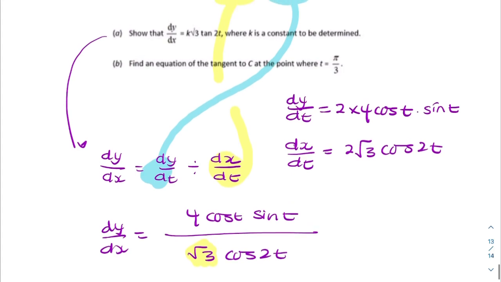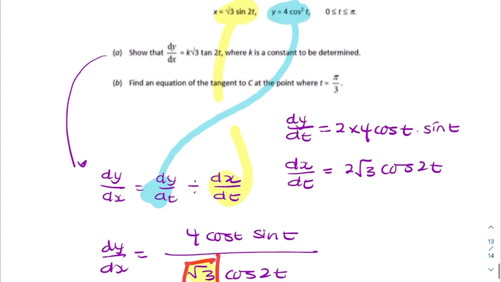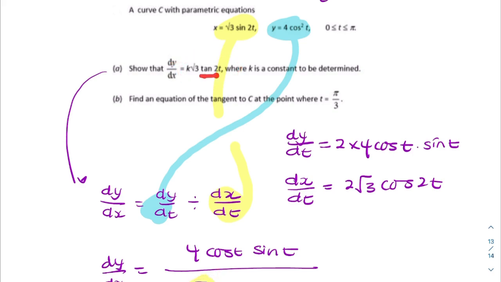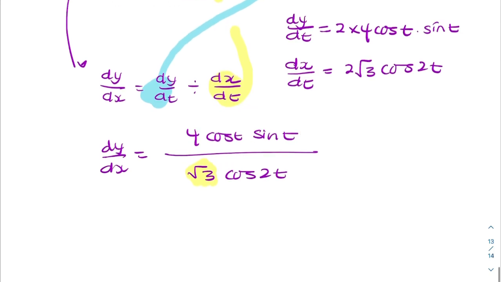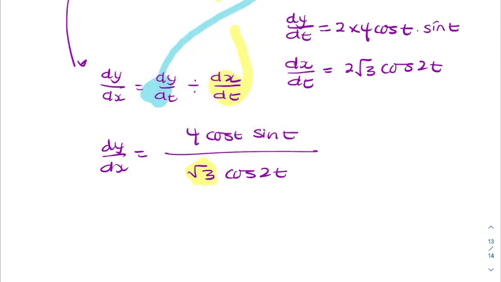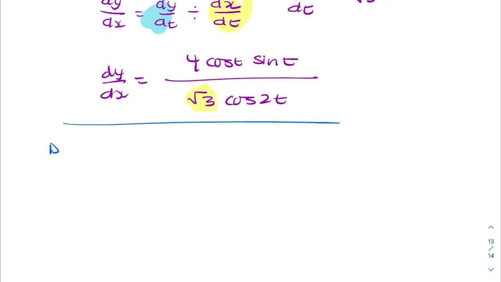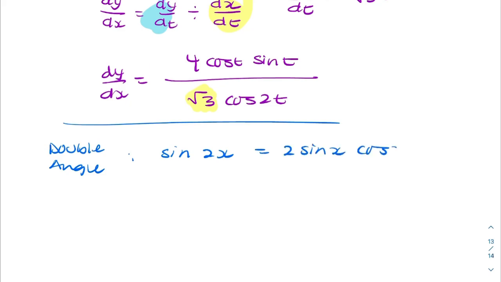Now you could leave it like that, but nobody likes a surd in the denominator. So we try to rationalize the denominator. We try to get rid of the surd, and I think the question there wants it written in terms of tan 2t. So there's a little bit more manipulation we need to do. So let's recall an identity. It's a double angle identity. We know that sine 2x is 2 sine x times cosine x. Now, if you don't know that, it comes from the addition formula.